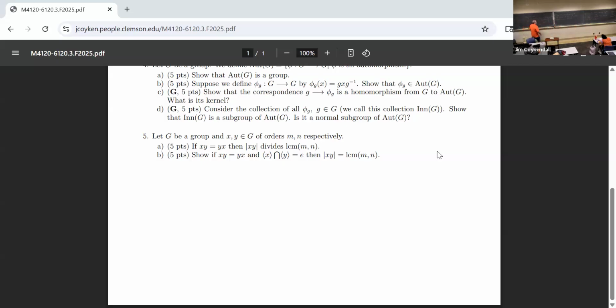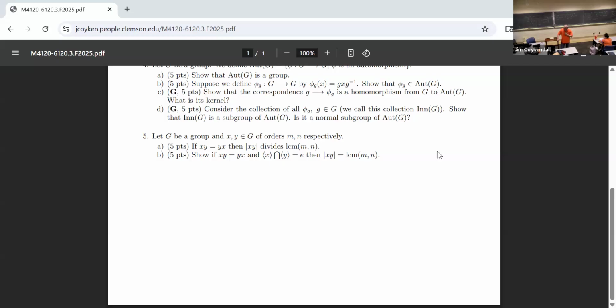This is H. What do we know about H? It's closed under the operation. It contains the identity. It contains inverses. What's the one thing that I left out? Associativity. Why do I not need to say anything about that? Because in G itself the operation is associative, so it's certainly associative in the smaller set, right?